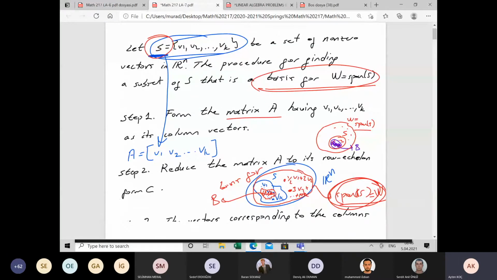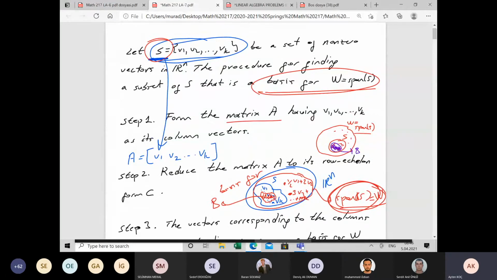It contains k vectors, so the dimension is n by k, because our vectors are in Rn.